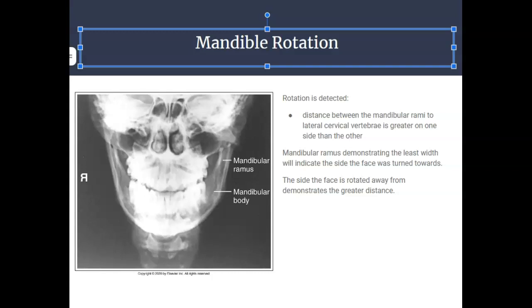The mandibular ramus demonstrating the least width will indicate the side the face was rotated towards. So in this case, the patient's head was rotated towards the right side because the width on the right side was less than on the left of the mandibular ramus.